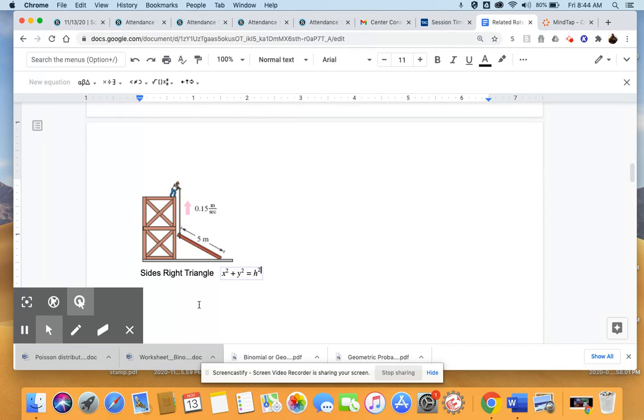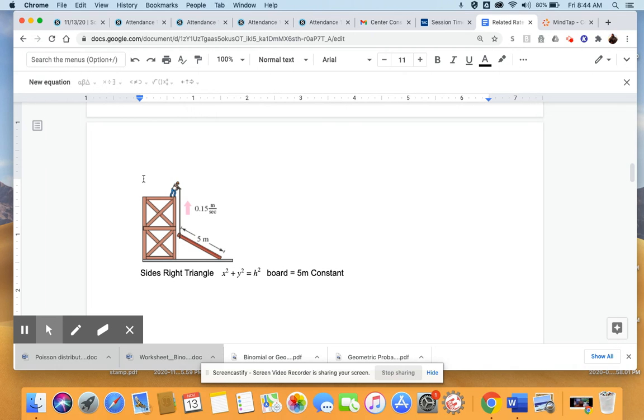And welcome back. So sides of a right triangle, we know x squared plus y squared equals h squared. Okay. Something else that's going to be very important for us is that our board is 5 meters long. And that is constant, and that is going to be important to us. Okay, what else do we know?